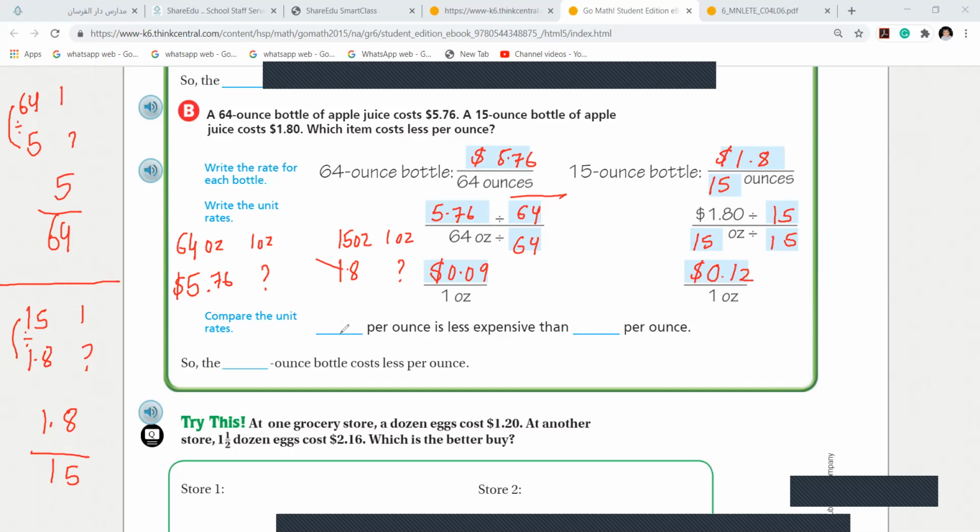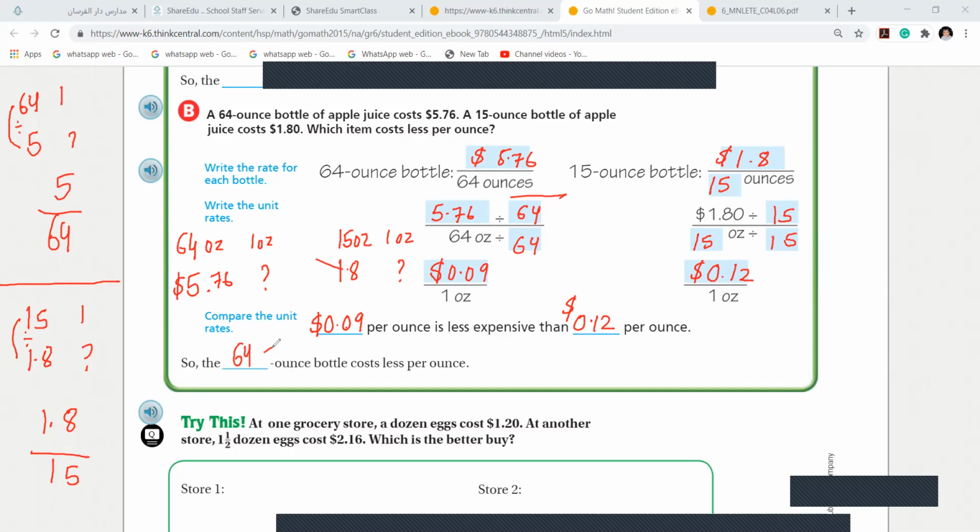Which one costs less? 0.09 is less than 0.12. And that's why the 64 ounce costs less per ounce.